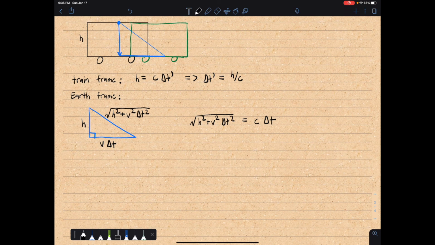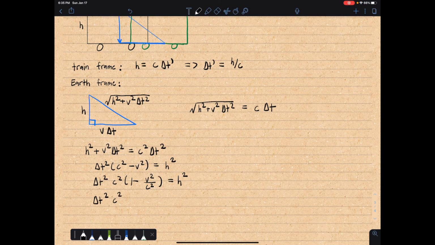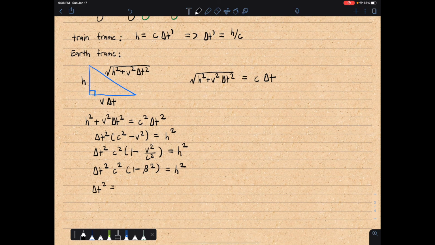So finally, let's solve this equation for delta t. And note that from above, delta t prime is equal to h over c, so I'll make that substitution.